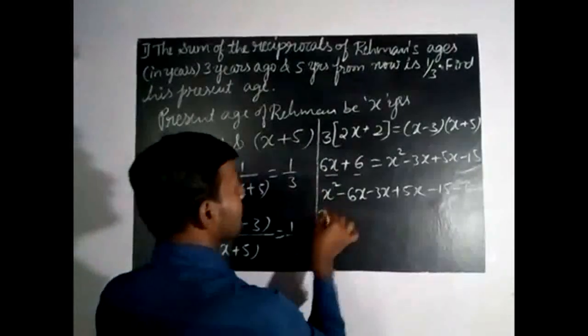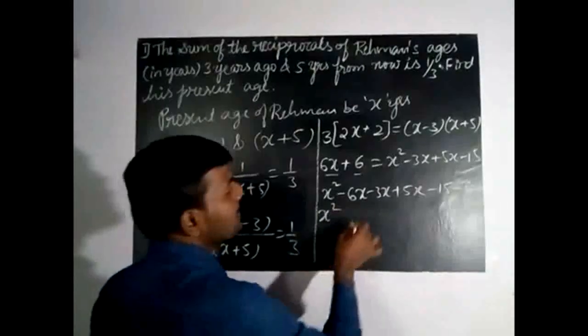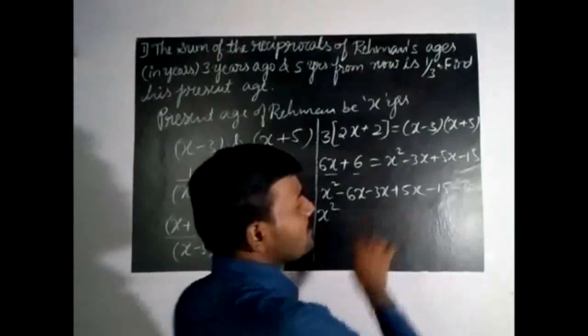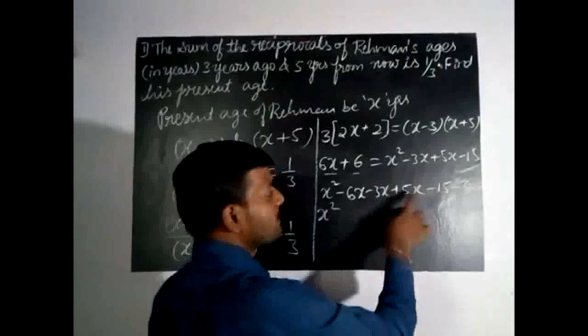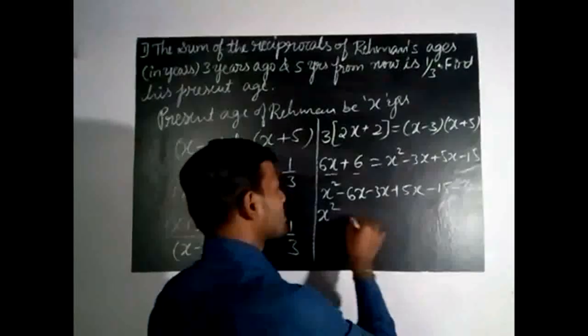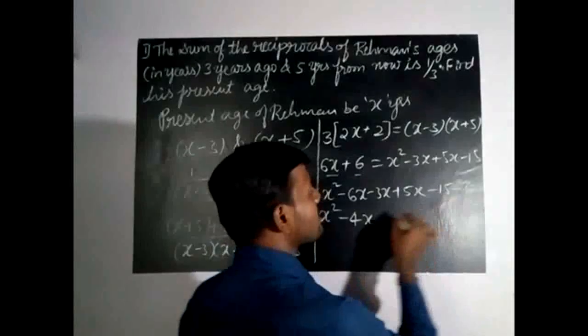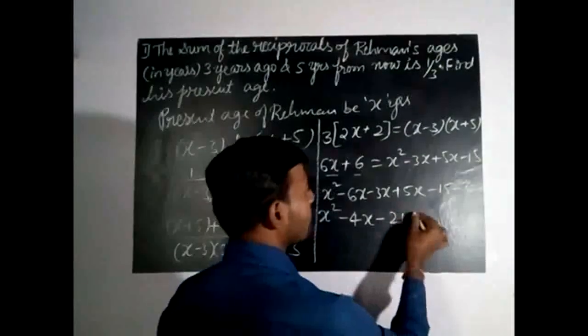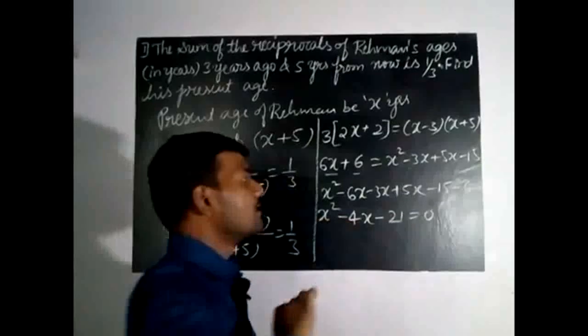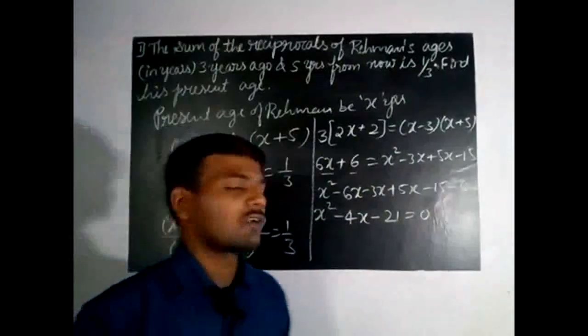Next, x square as it is, then minus 6x minus 3x becomes minus 9x plus 5x becomes minus 4x. Then minus 15 minus 6 becomes minus 21, which is equal to 0. Now the given condition has come to the quadratic form.